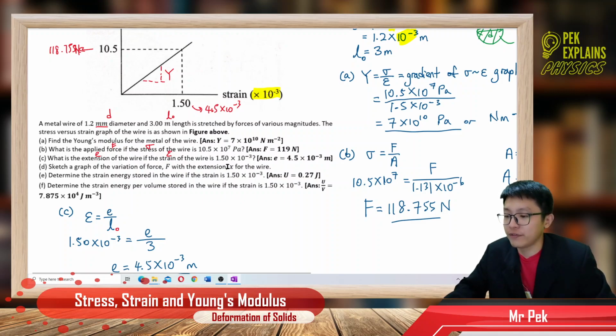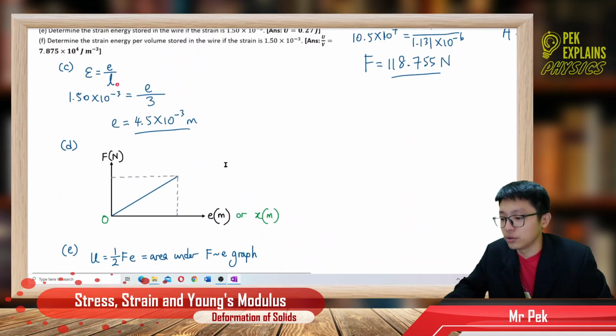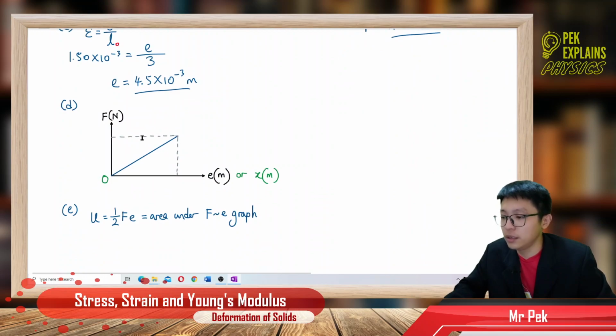So now I want the FE graph or FX graph. You can label as E or label as X, no problem. Both have the same meaning. Elongation is the same as extension. Actually, it's Hooke's law, F versus X graph.